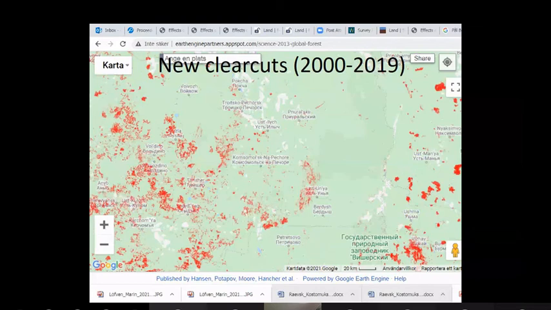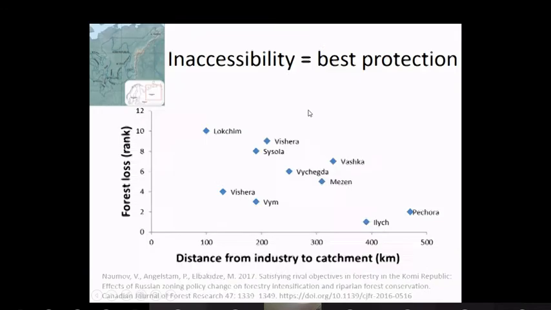And what's interesting here is that here you can really see the occurrence of this, this is a big fire, this is a tornado. So what is typical is that the main factor that explains this protection is inaccessibility. This is from a paper we published about intact forest landscapes in Komi a few years ago.